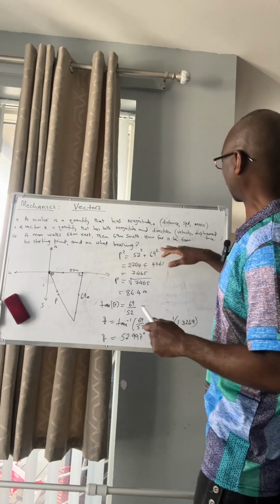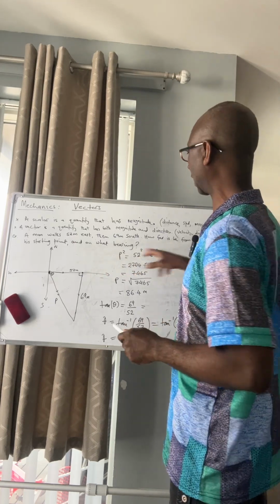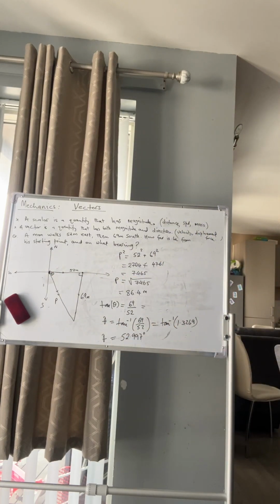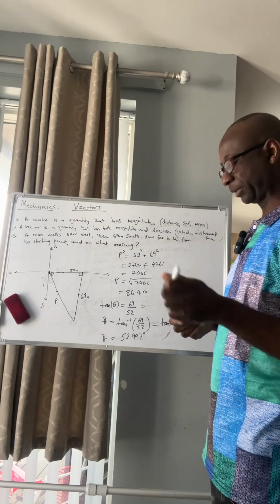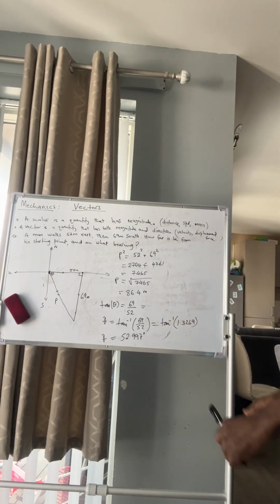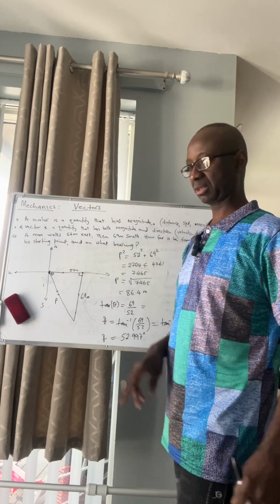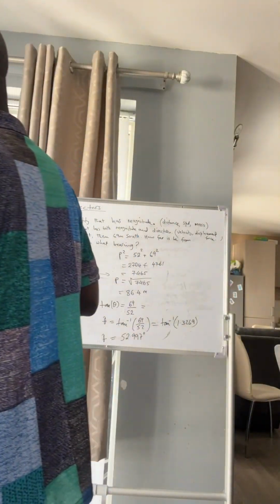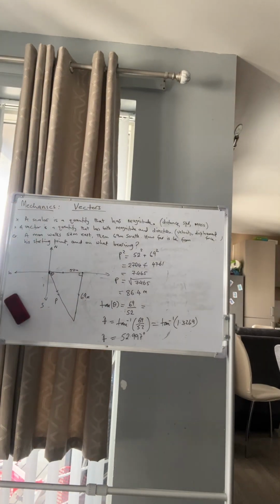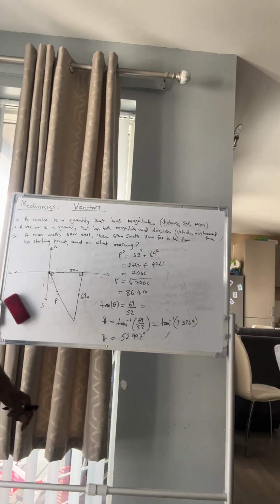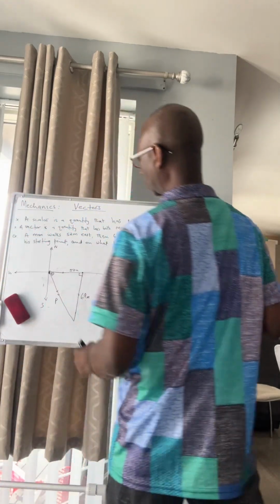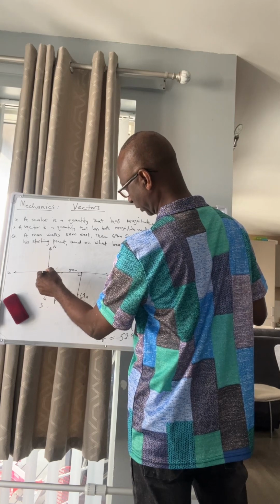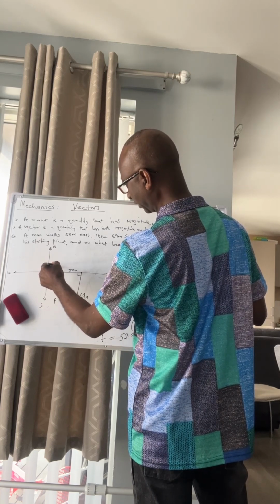But you are asked how far is he from his starting point and on what bearing. When solving problems on bearing, the measurement is always taken from the North, going clockwise, and it's positive on that side. So if we take our measurement from the North, this is the starting point here, we take the measurement from here to here.